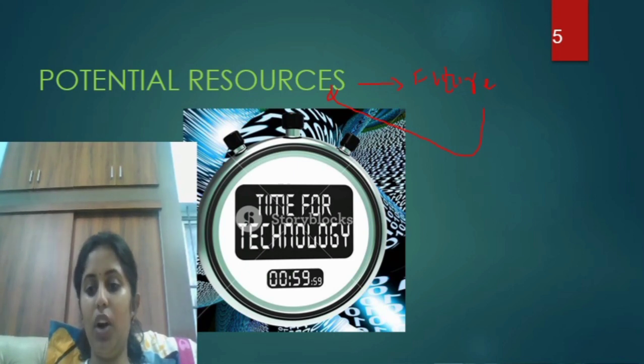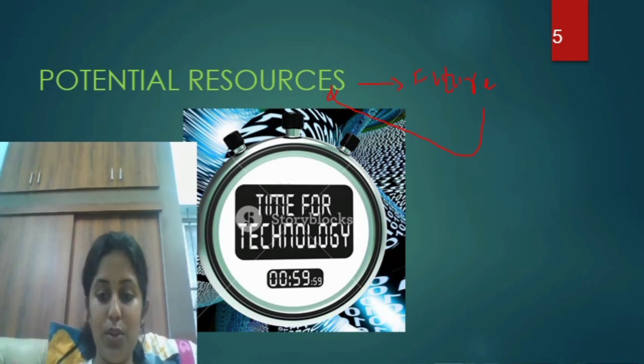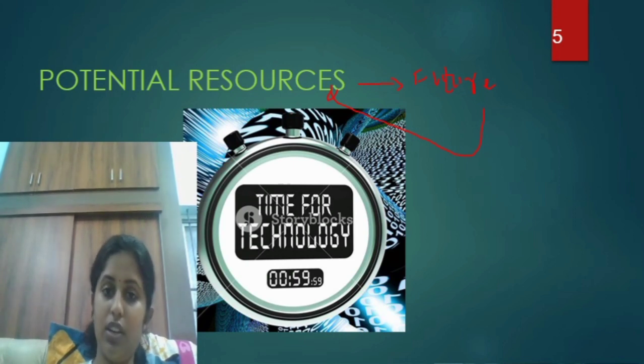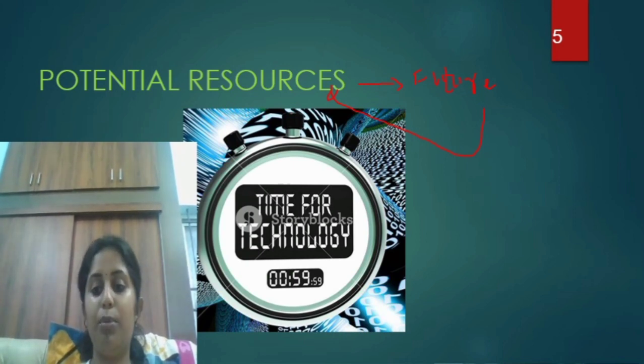Those things are called potential resources. Understand once more. Any things which are available today, tomorrow or the day after tomorrow, after 1 year, after 10 years, are going to be resources. That is called potential resources.